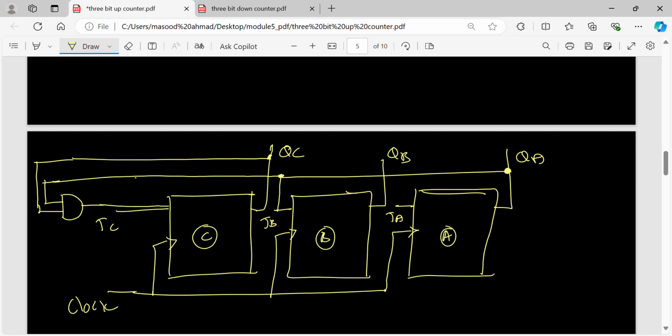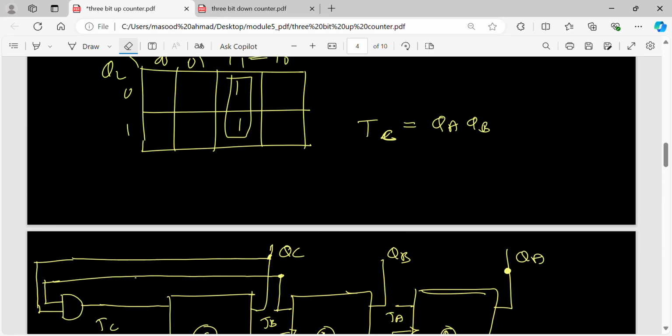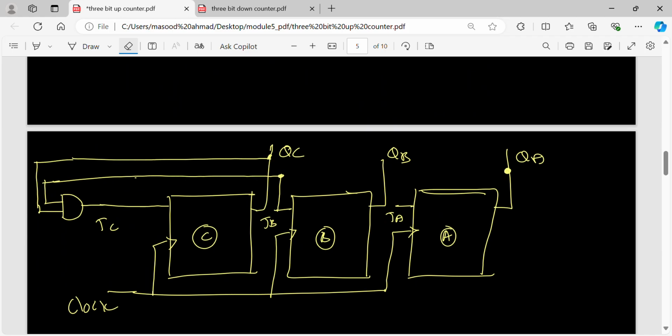What I am trying to do is produce QA QC. Is it QA QC? No. One second. What we need is QA QB, not QC. So let me just remove this.